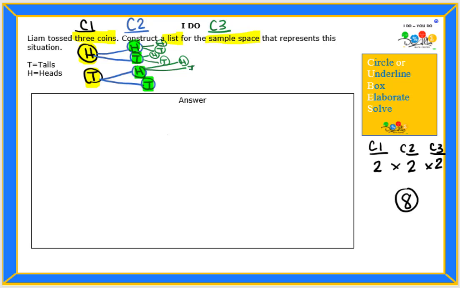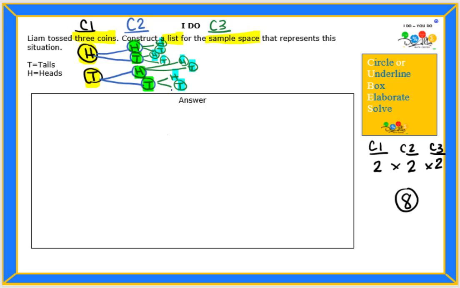Heads or tails. So everybody see that? And if we count the outermost column, we have 1, 2, 3, 4, 5, 6, 7, 8. Remember I said I should have 8 possible outcomes.